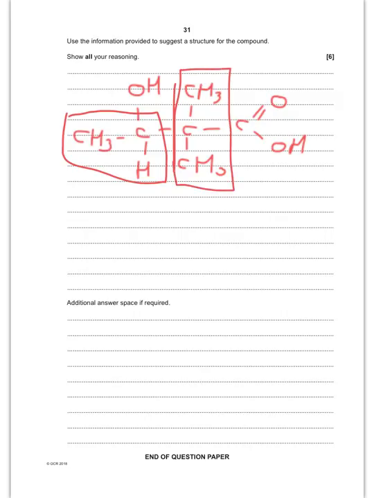And then on your bits you're missing, you can put your carboxylic acid on the end there and your OH there, like so. Remember, hydrogens on oxygens do not split, so that would explain why that hydrogen is not split by this one here. It's only split by these hydrogens there into the quartet. Right, and that is that paper wrapped up.